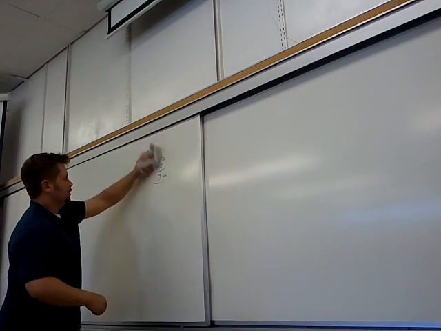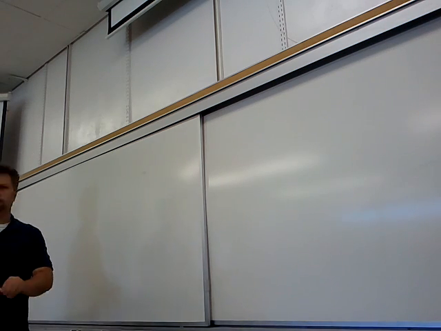So the cylindrical coordinate system is pretty straightforward. If you look in section 13.5, page 918.